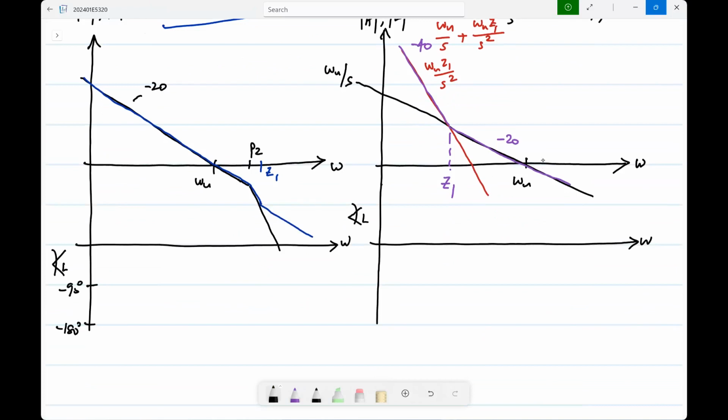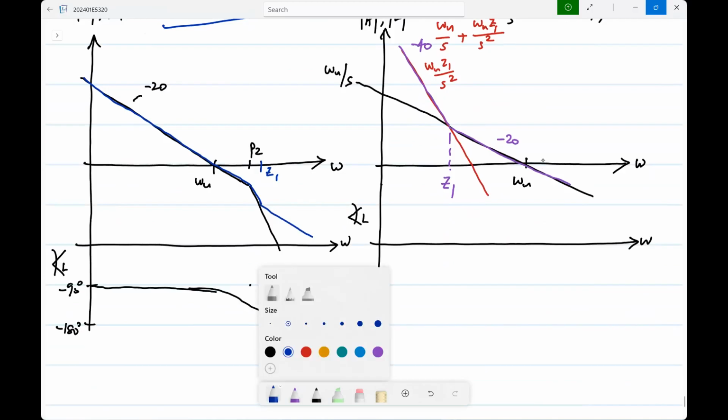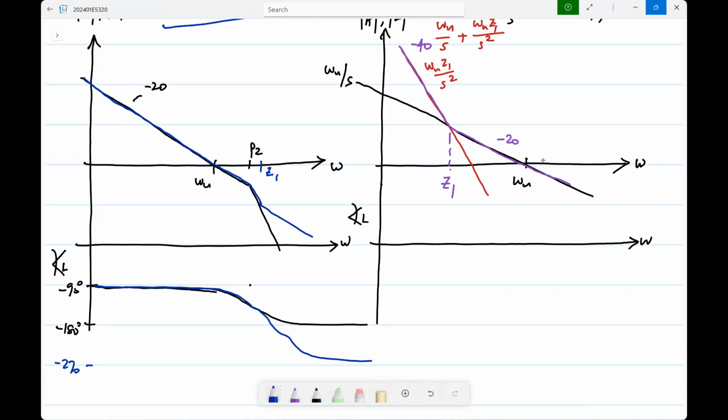Okay. This is a right half plane zero, right? So it will go to minus 270. So at P2, and if I also include the zero, it will do something like that and go to minus 270 degrees. Okay. What happens in the other case, in the feed-forward op-amp?